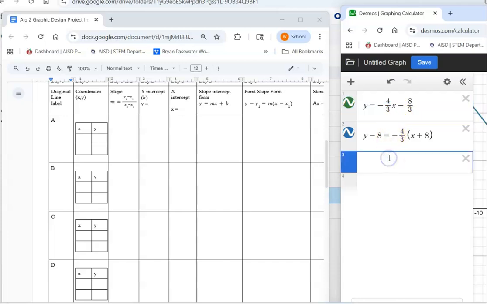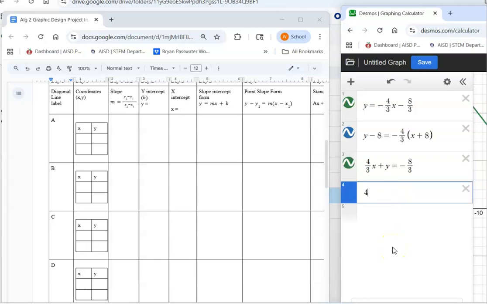You add 4/3 x to both sides, and that creates 4/3 x plus y equals -8/3, which is one way to write standard form. More traditionally, these have to be whole numbers, so if you multiply everything times 3, this would be more accurately standard form.